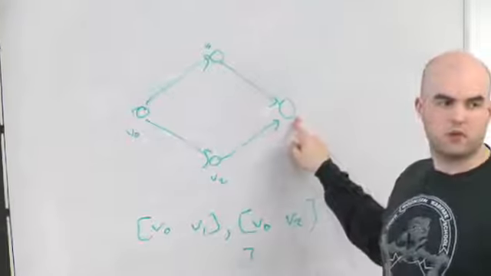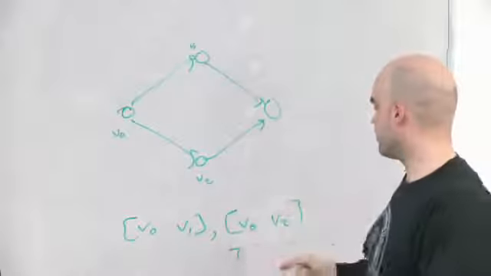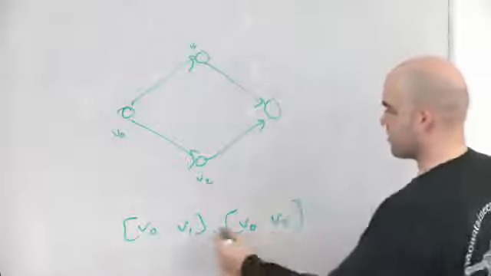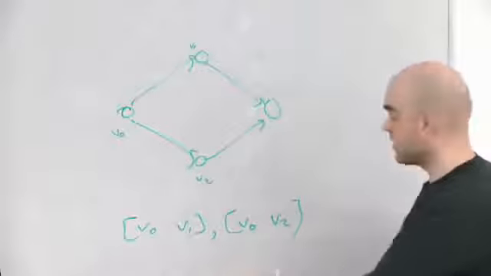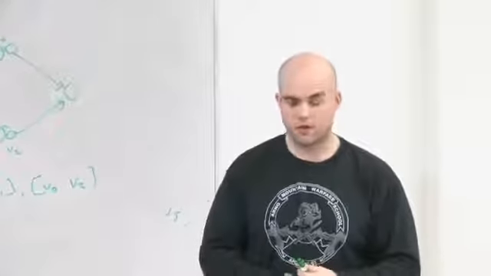Whichever path you ultimately wind up returning is going to be dependent on whether or not this one comes first in your list of partial paths to check, or this one comes first. So, does that kind of answer it? Yeah. Okay.